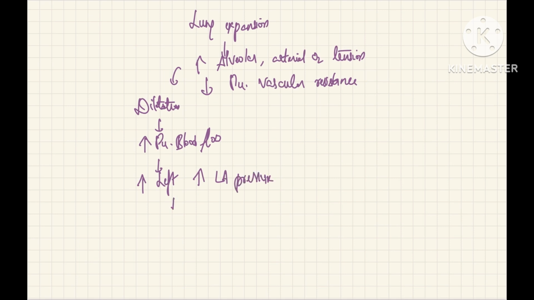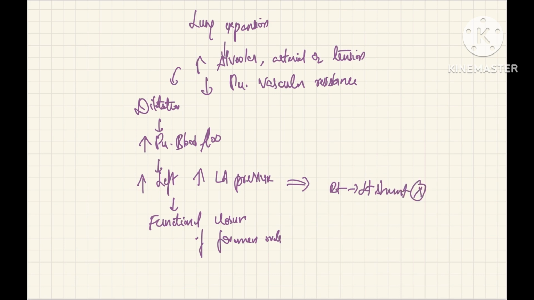This causes functional closure of the foramen ovale. This eliminates the right to left shunt and establishes adult circulation.